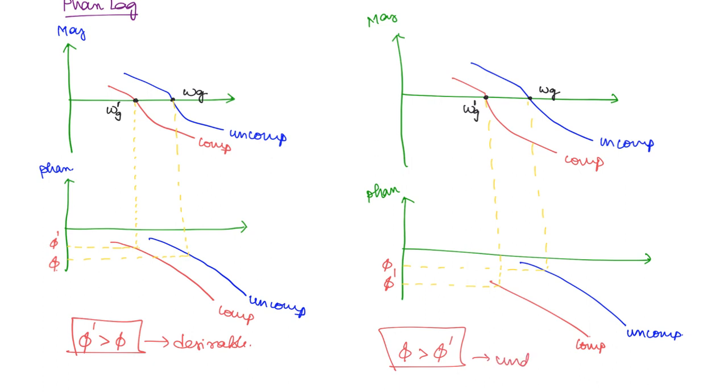So this is undesirable because the phase margin will reduce. So this is how, using the phase lead as well as phase lag compensators, it is possible to either improve the stability or worsen the stability. So you just have to be careful of that. That is why trial and error is the method to go whenever there is a design problem at hand.